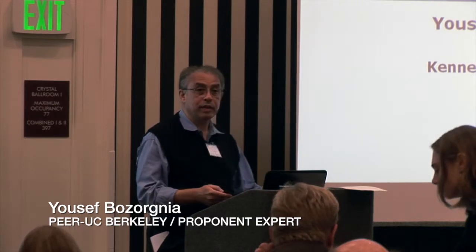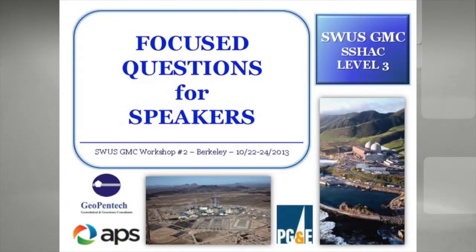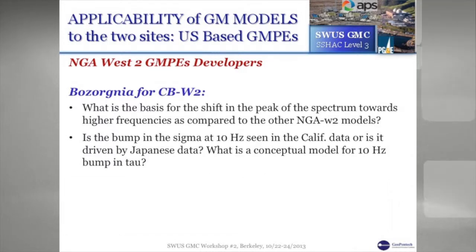So I go through the same questions that Norm showed. The first question was: what are the bases of changes that we had since 2008? Obviously, we have much more data, so whatever we did is mostly based on the new data and analysis of the data.